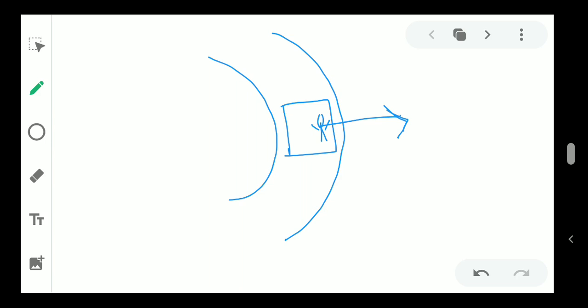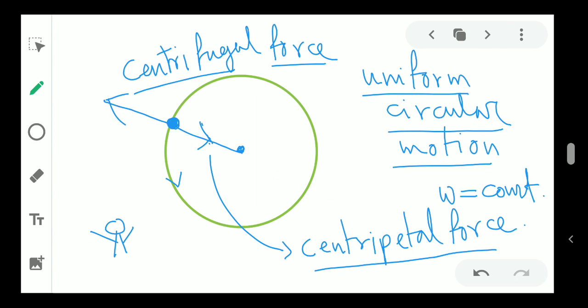The force that pushes you against the window is the centrifugal force. Now in case of this stone, it is not going outward because something is there to hold it, and that is the centripetal force.